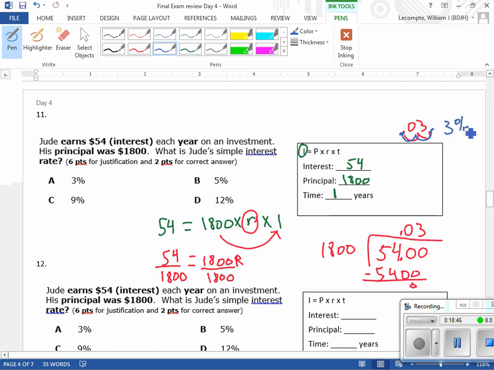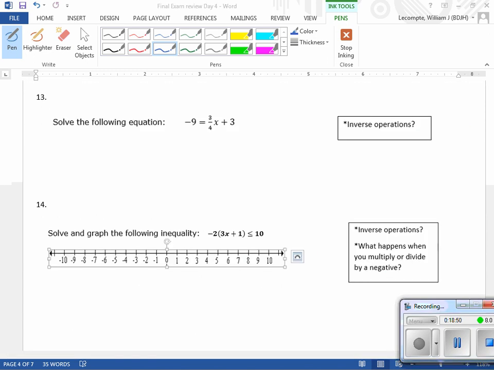Number 13. Still having a lot of trouble with these, so I would definitely practice a couple of these problems over the weekend. Right? But if I have negative 9 equals 3/4 x plus 3, the first thing I could do to get rid of this 4 is I'm trying to teach the kids to go ahead and multiply everything times 4.